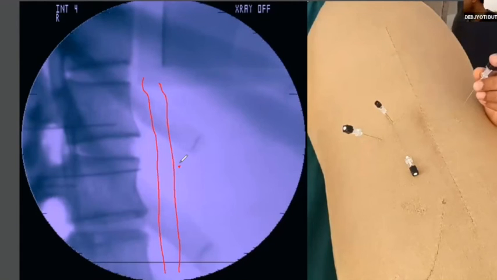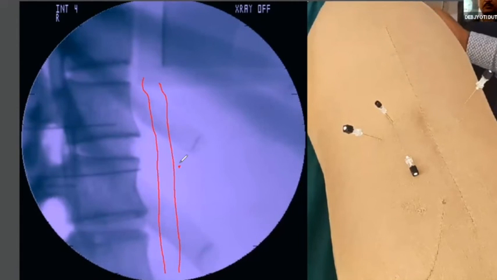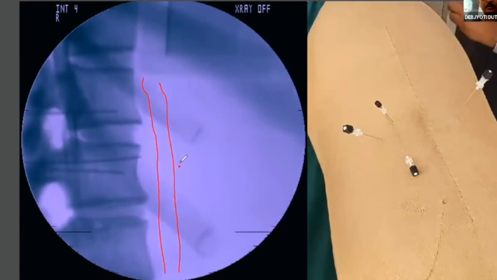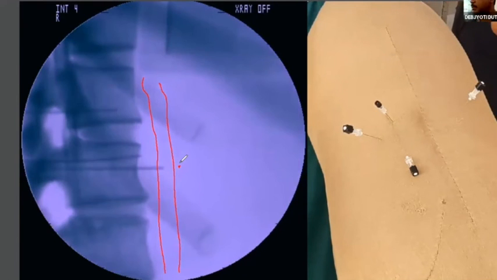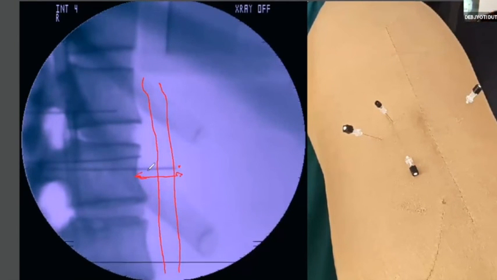So I'll push it further, and it is all tunnel vision. You are not touching any bone anywhere. So it will be approximately from here to here, approximately 1.5 to 2 centimeter.